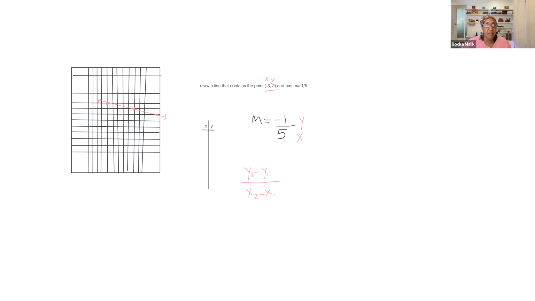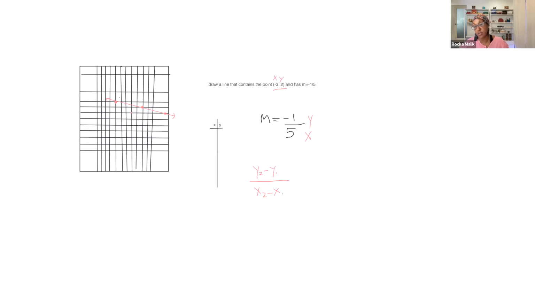Now maybe here we can write an equation, if we want to use y equals mx plus b format, which is slope-intercept form.